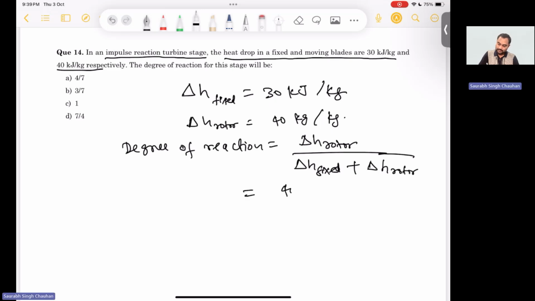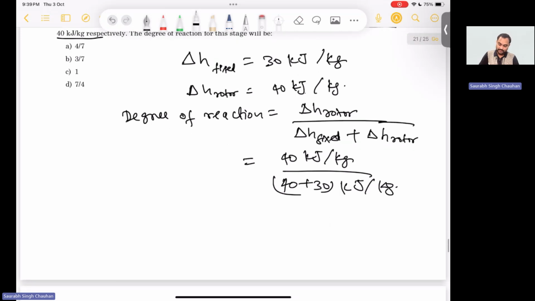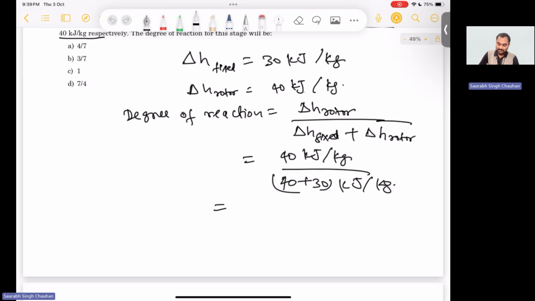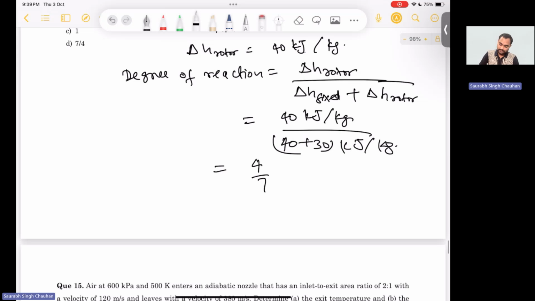Okay, so 40 kilojoule per kg divided by 40 plus 30 kilojoule per kg. 40 kilojoule per kg is enthalpy drop in rotor, and 40 plus 30, that is 70 kilojoule per kg, is total enthalpy drop. Okay, so 4 by 7.